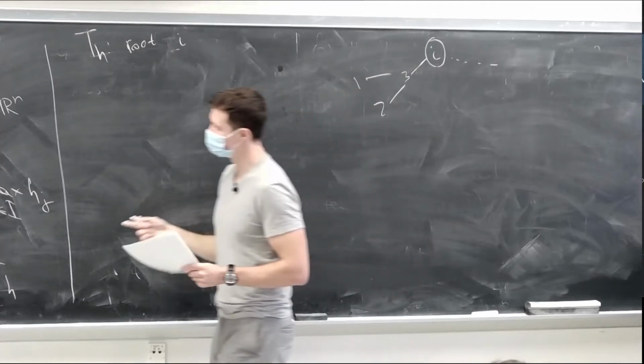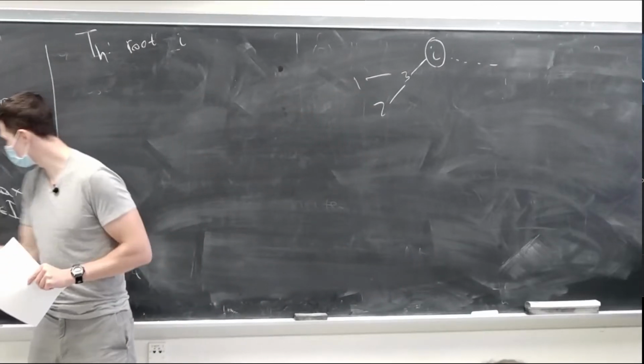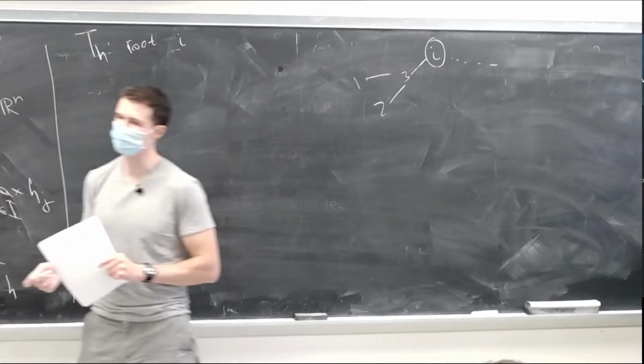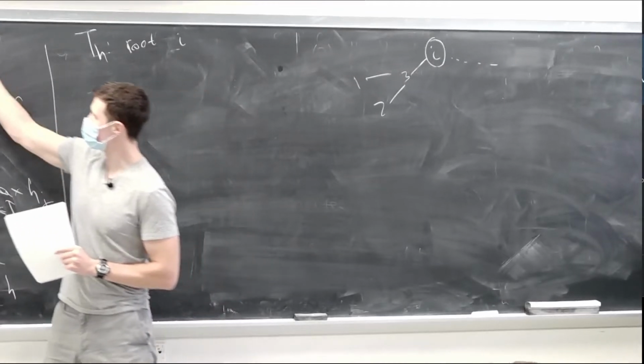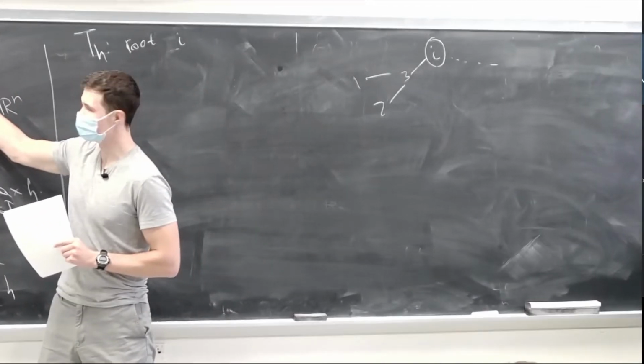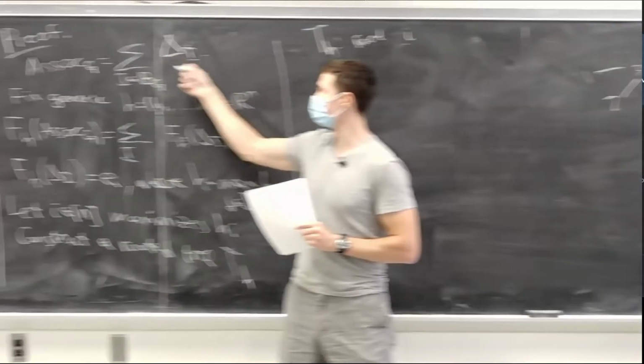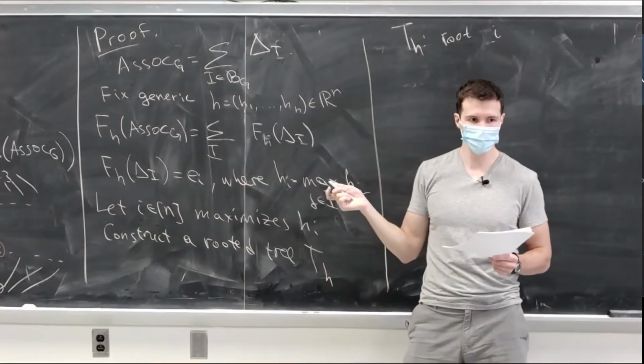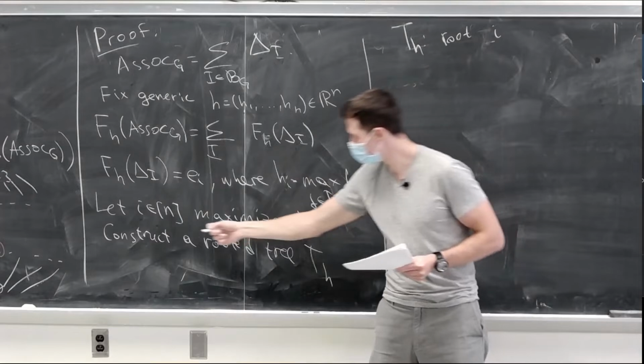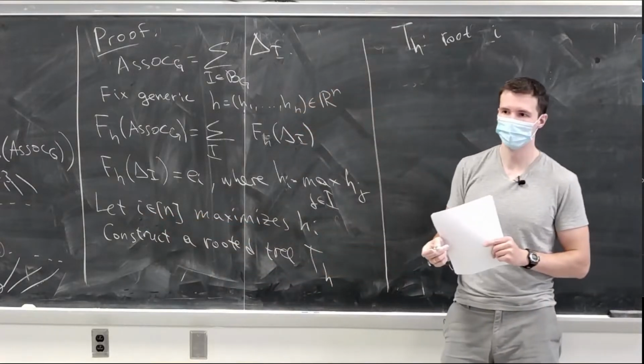Which information do we get from knowing that h_i is the maximum coordinate? If you look at this sum, whenever your connected graph contains i, then i has to be the vertex.